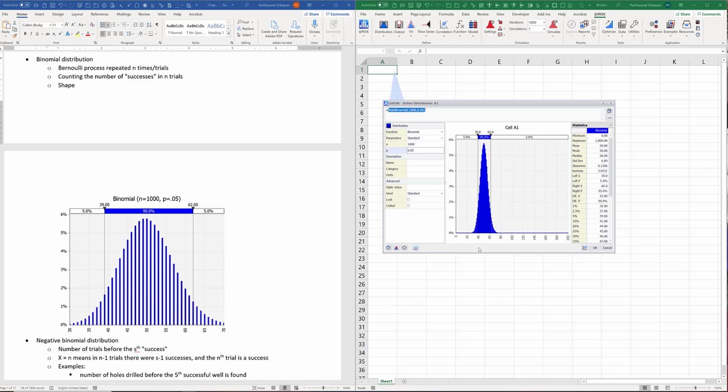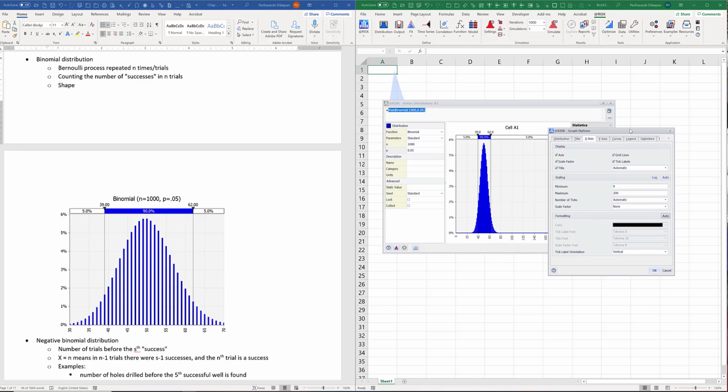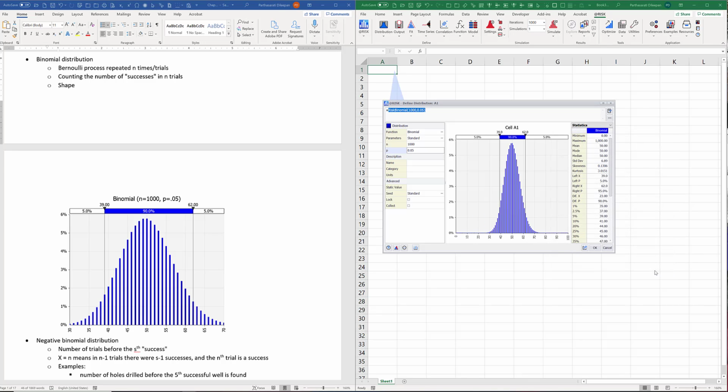Click OK, and you see that it's similar to a normal distribution. As n increases, let's make it even closer, to 100, let's say. I have here from 30 to 70, but anyway, you can see the normal distribution shape.